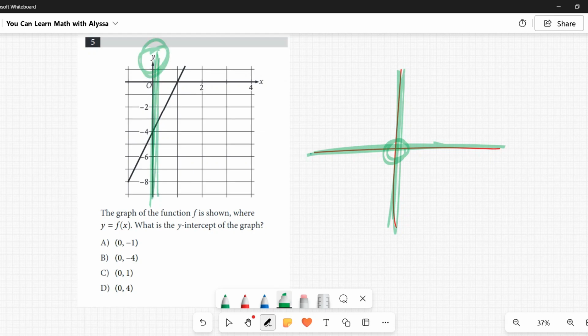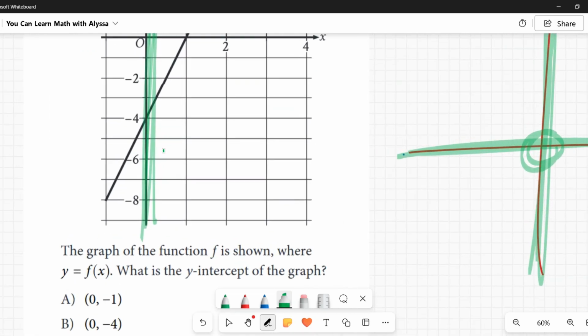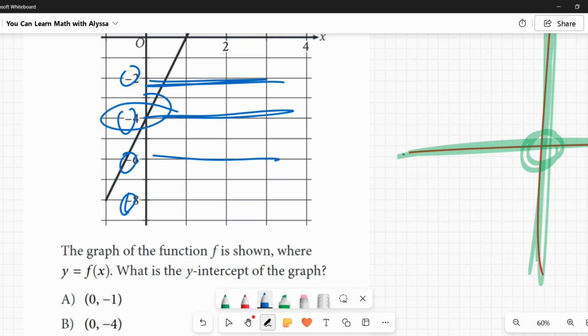So that's our y-axis. So I just want to look and see where is my line. This is my line right here. Where is it crossing that y-axis? And it's right there. Just be careful because they draw this, I've seen this before, where those negative signs almost line up with these cross lines. So it can be a little hard to see them. Just be very careful with that.